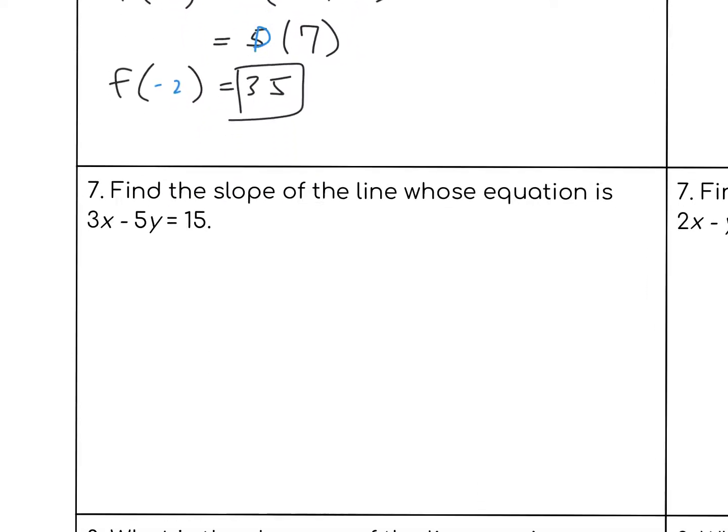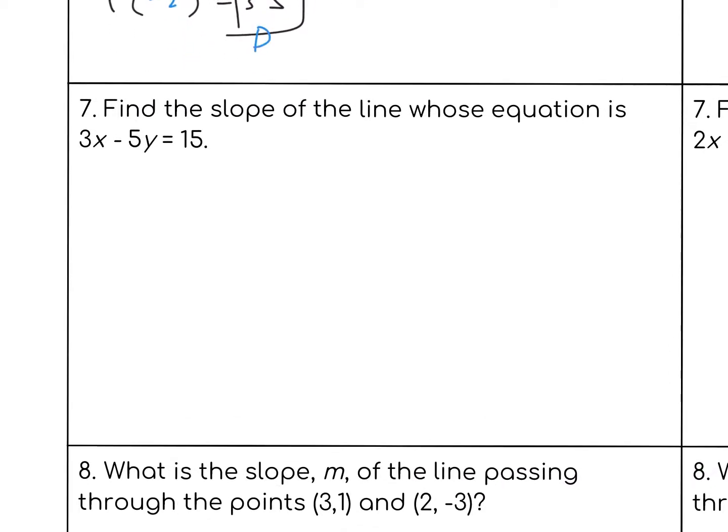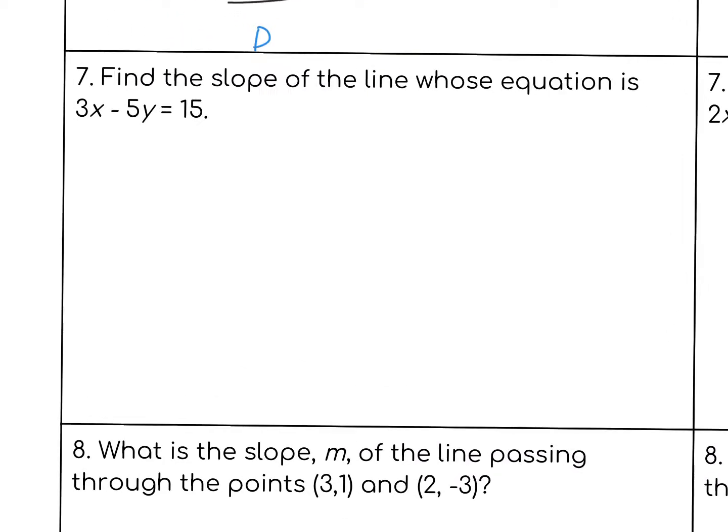Okay, find the slope of a line whose equation is 3x minus 5y equals 15. Okay, the first thing you need to do is take a look at what that means by the slope. The slope is your rate of change, and how we have to do that is, here's a trick. I can go ahead and divide everything here by 5.